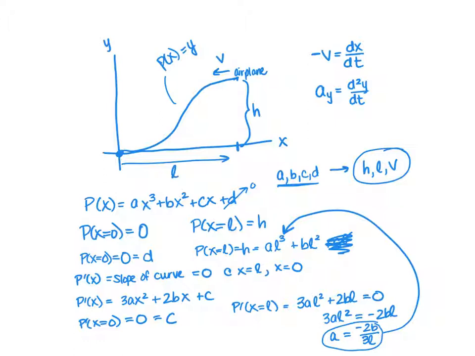Oops, sorry. So I had written that p... so I have, well, okay, what did I learn so far? I hate when I have this screen. a is minus 2b over 3L.